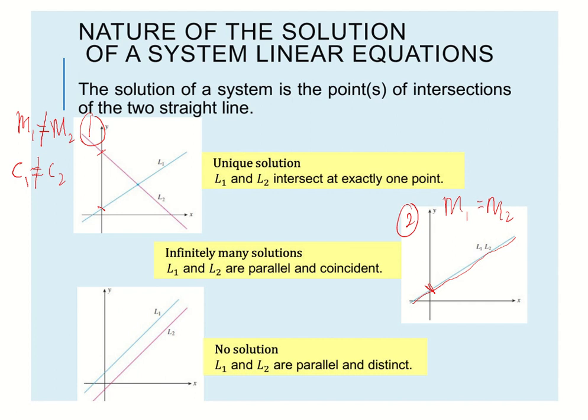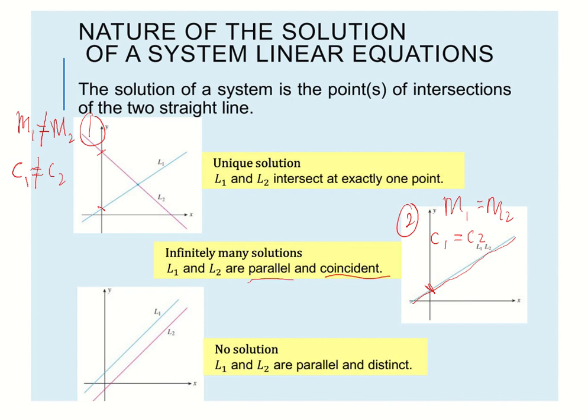Do these two lines have an identical y-intercept? Yes, we can see it's the same point. Therefore, the y-intercept for line 1 and the y-intercept for line 2 are equal as well. So when we see this situation, then we know the two lines are parallel and coincident. Therefore, they have infinitely many solutions.